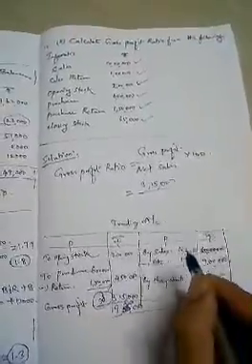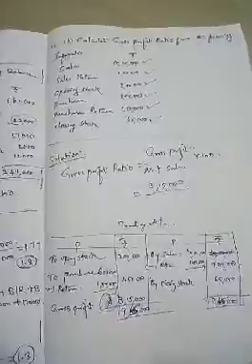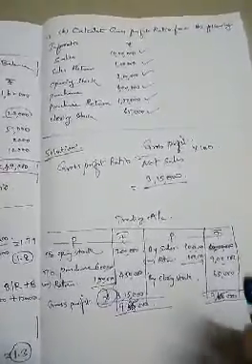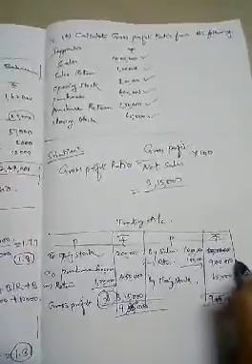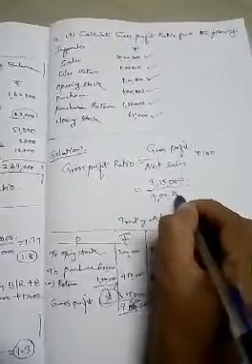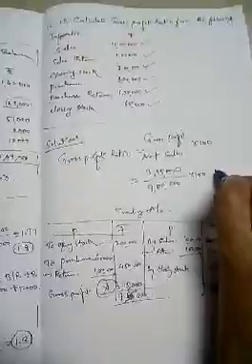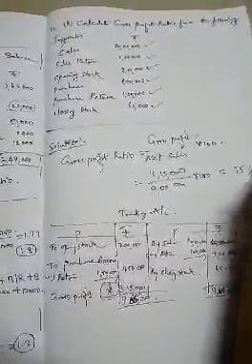Here net sales means sales excluding return. That means sales less sales return, and the amount that comes is 9 lakh. That amount you have to use, 9 lakhs, into 100. So you get the answer of 35%.